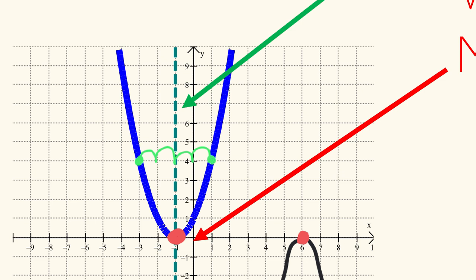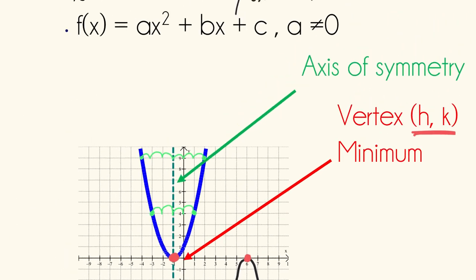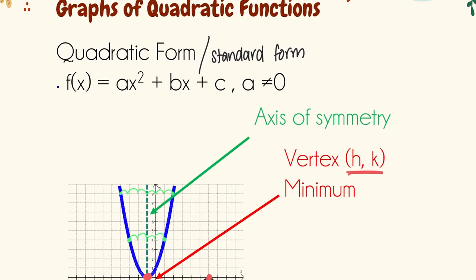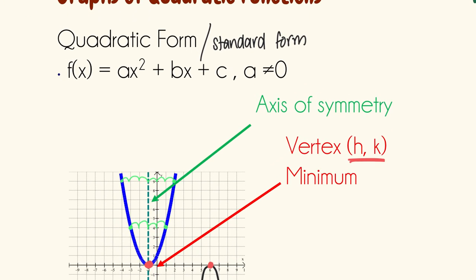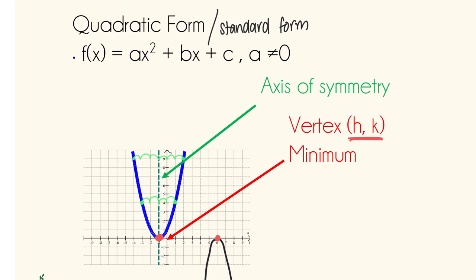Same thing if the dot was further out, all you're doing is counting. 1, 2, 3, 1, 2, 3. So please make sure you know those two, because you will get questions where it says, what is your axis of symmetry and what is your vertex?